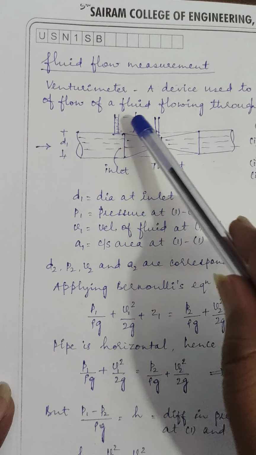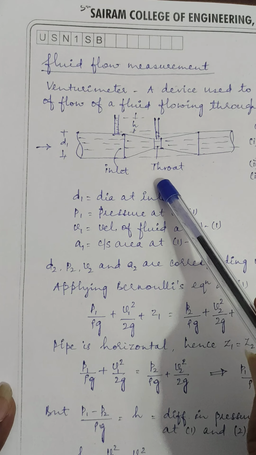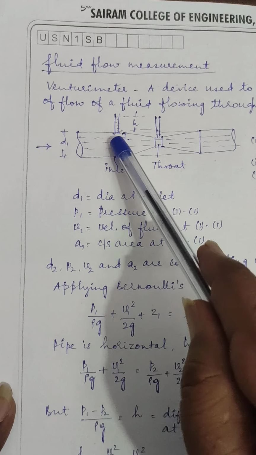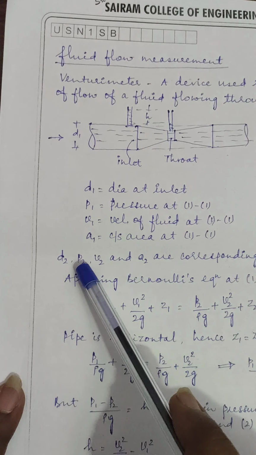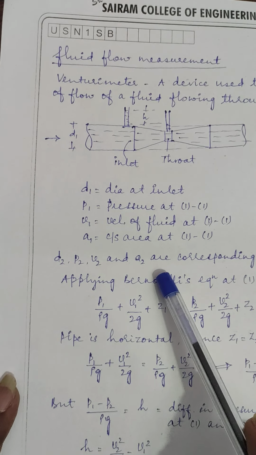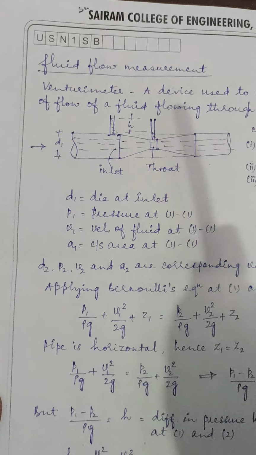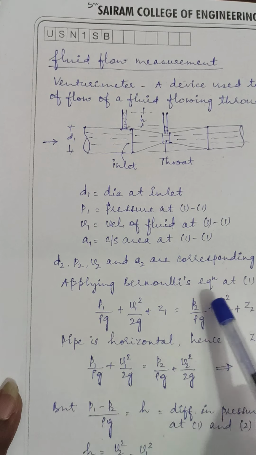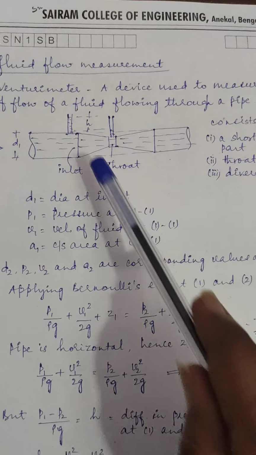Here we are taking the help of the manometer to measure the pressure difference at the two sections 1 and 2. Now D2, P2, V2 and A2 are the corresponding values at section 2. Now applying Bernoulli's equation at section 1 and 2.